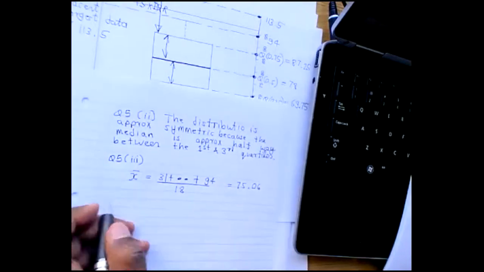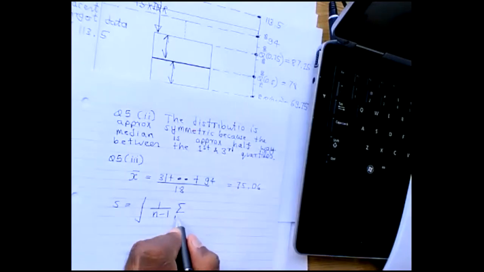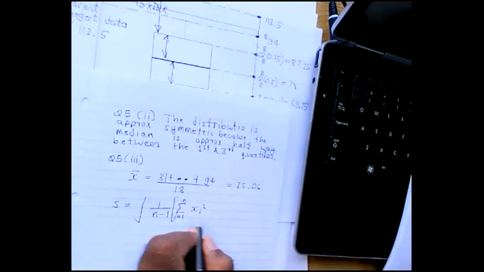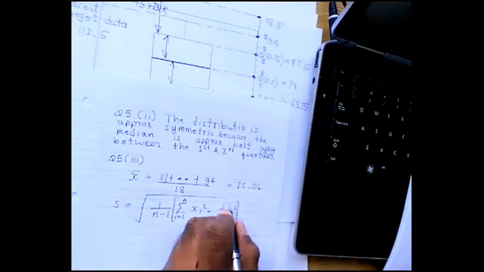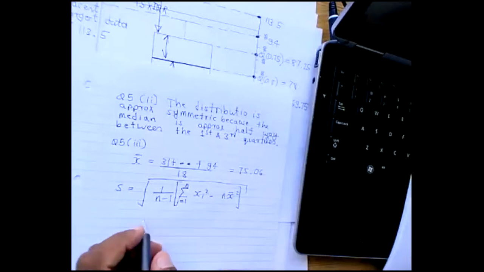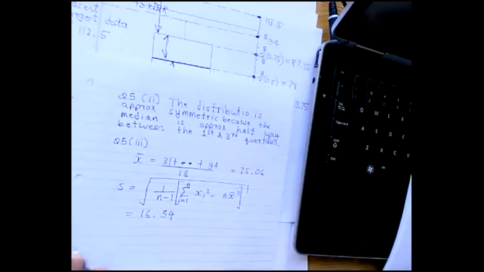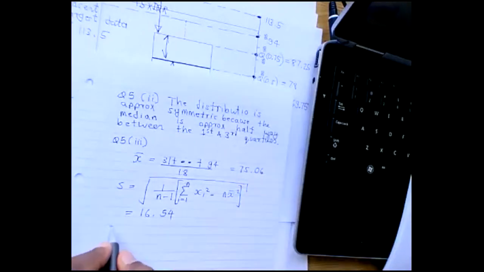Now to compute the sample standard deviation, you take the square root of the unbiased version of the sample variance, which is, remember, a formula I mentioned a few minutes ago. If you work this out, this will be equal to 16.54. So this is the sample standard deviation, this is the sample mean, and the sample median, which we already worked out earlier, was 78.